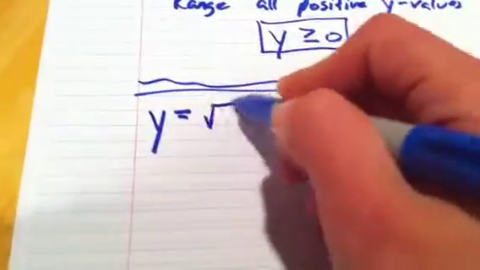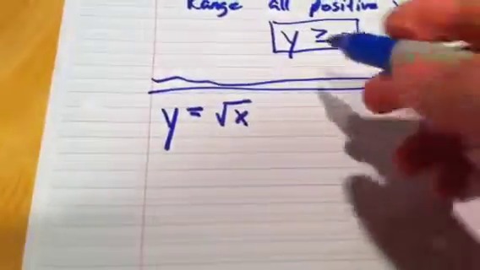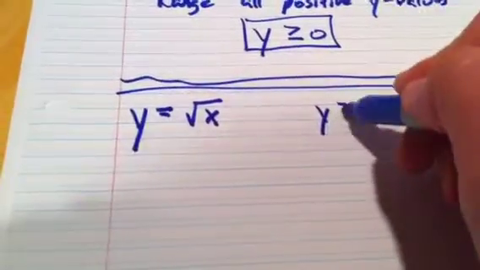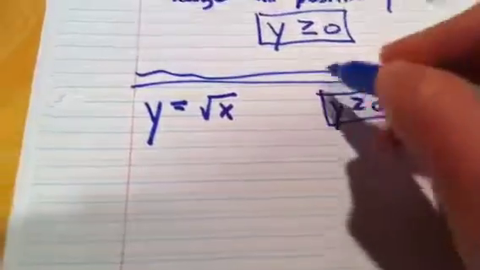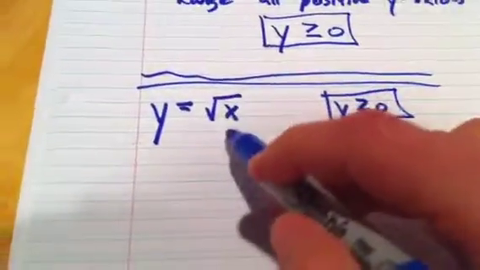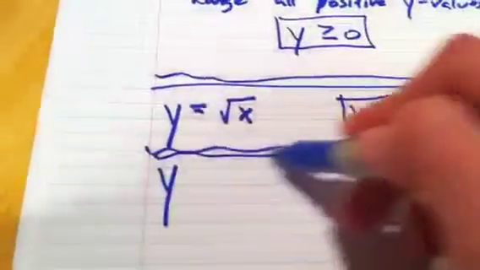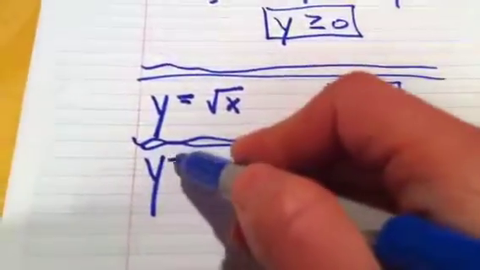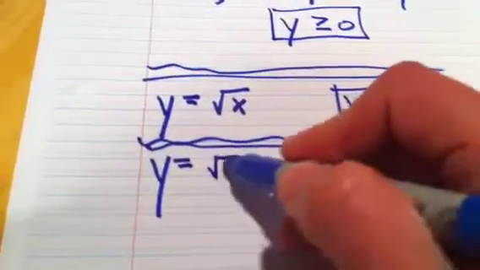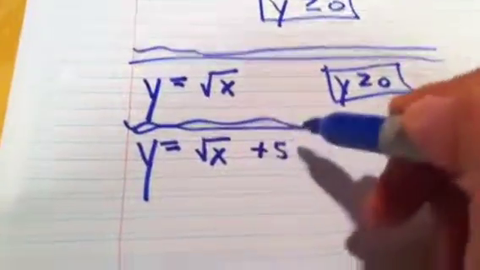Like if he had y is just the normal square root of x, the range is also y is greater than or equal to 0, because again that square root has to be positive. What if he had, separate question, y equals the square root of x plus 5?